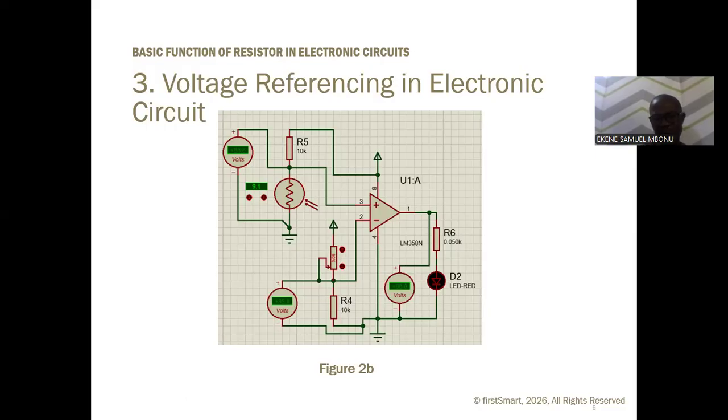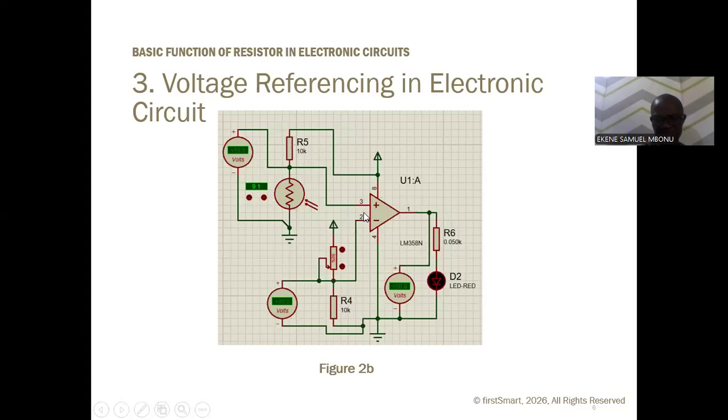This circuit can be employed in automatic street light control because this is a light-dependent resistor. So what happens is that during the day, the resistance of this decreases. And when the resistance of this LDR decreases, the voltage on pin 3 will decrease.